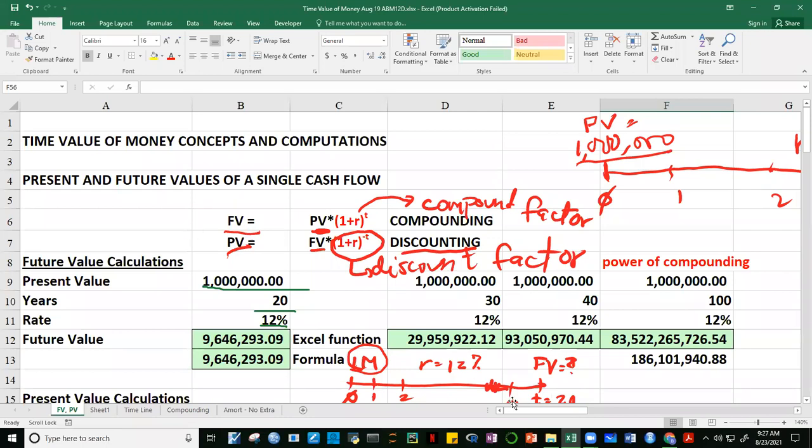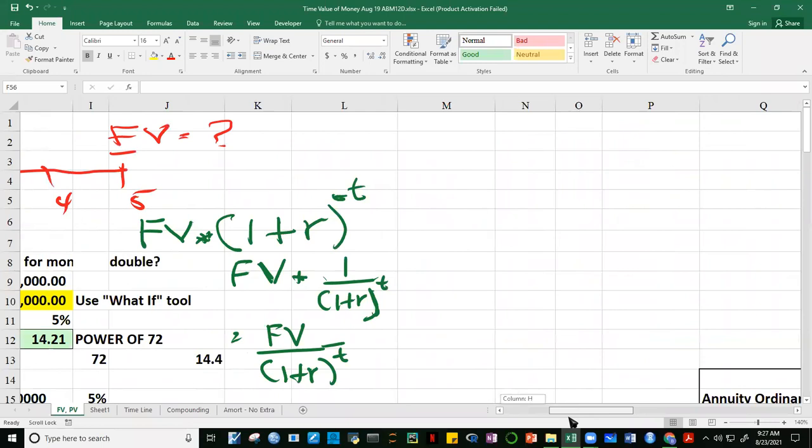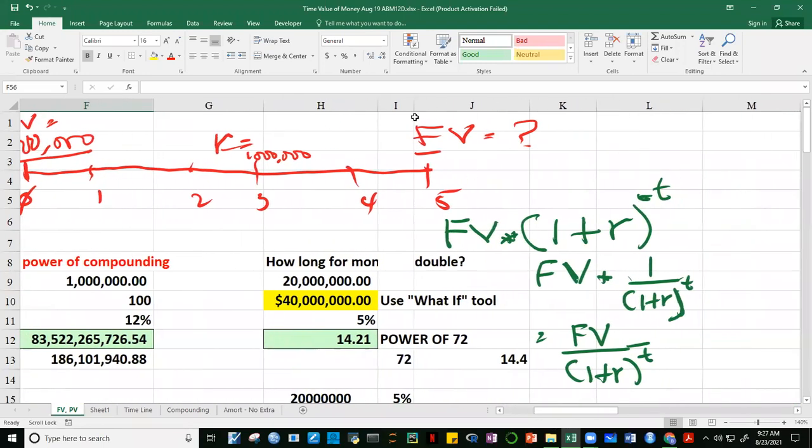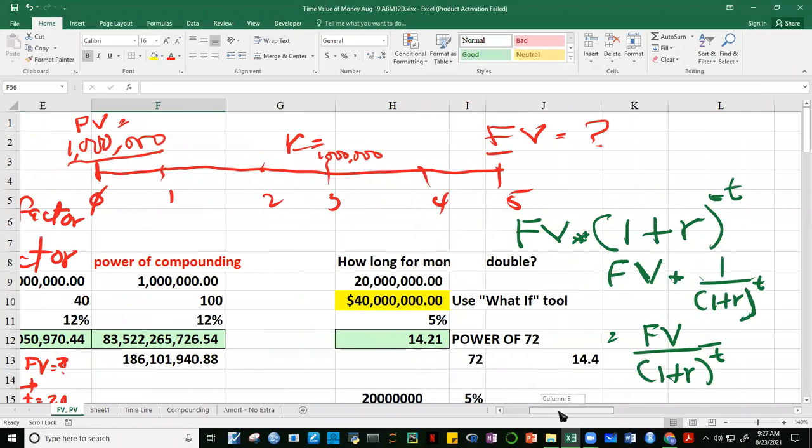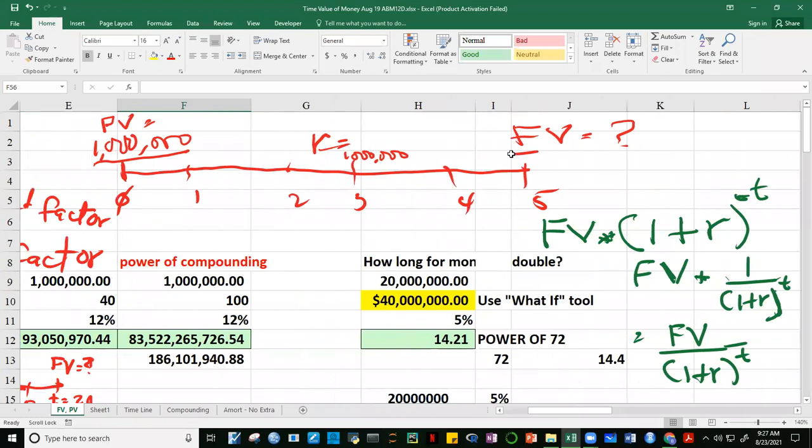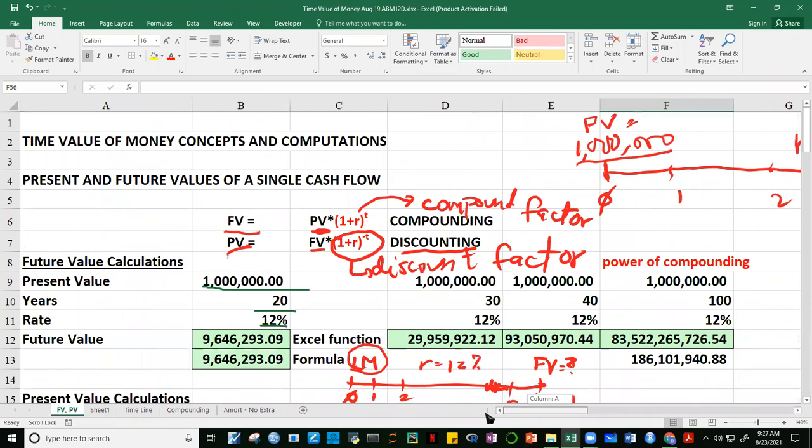On the other hand, if we're given a certain amount after 5 years, and we would like to get the equivalent amount now, that process is called discounting. How do you compute for the present value? The present value is given by the formula future value times 1 plus r raised to the minus t.